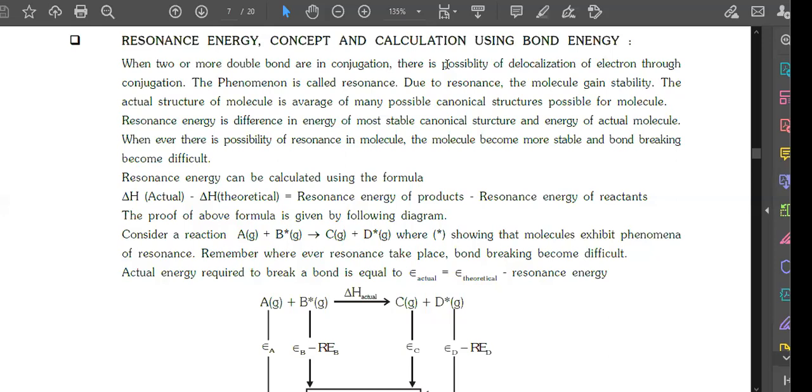So I can say that your resonance energy is actually the energy difference between the most stable resonating structure and your resonance hybrid, or you can say that it is the difference in theoretical energy and the actual energy. Actual energy is theoretical energy, which is calculated, minus resonance energy.